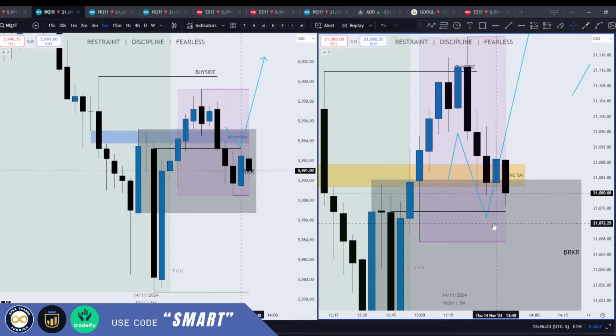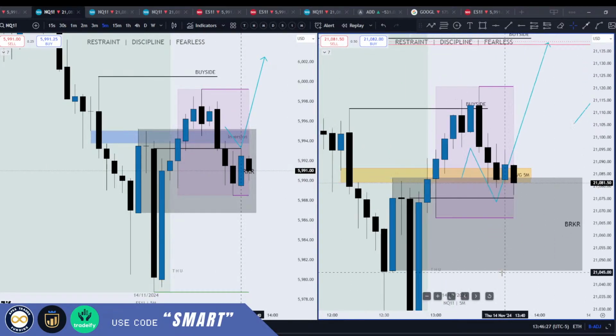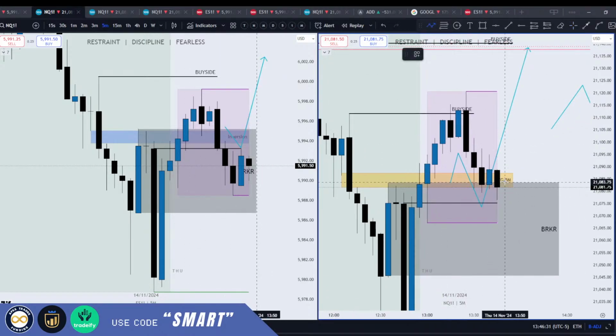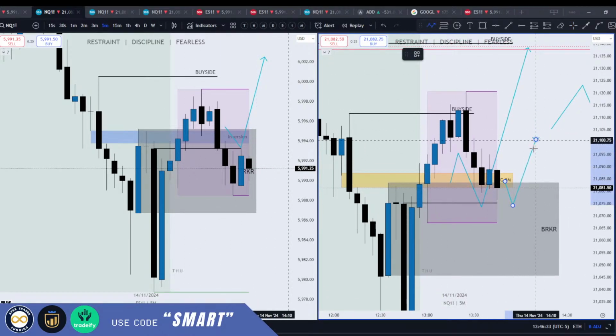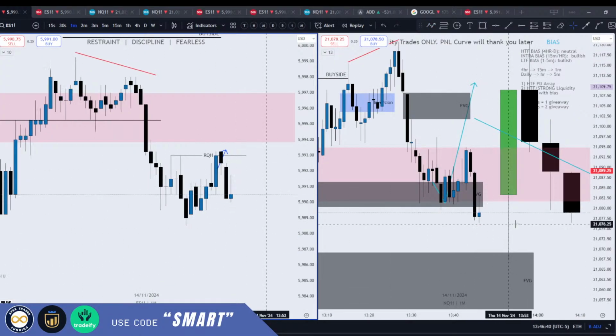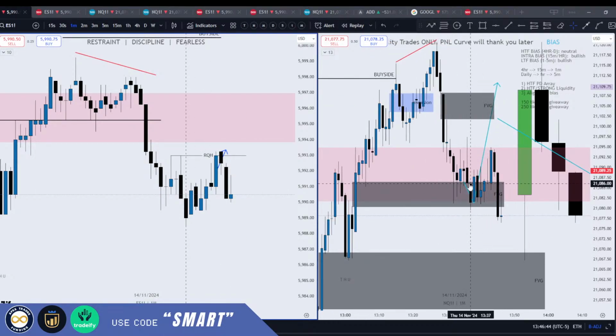So now it's not a good probability anymore, just based off time too. I do want to see this retrace inside this 5-minute OB here though. And if we leave the breaker, we can look for continuation entries. Yeah, I did want to showcase how I can utilize this breaker, but it's just very slow.